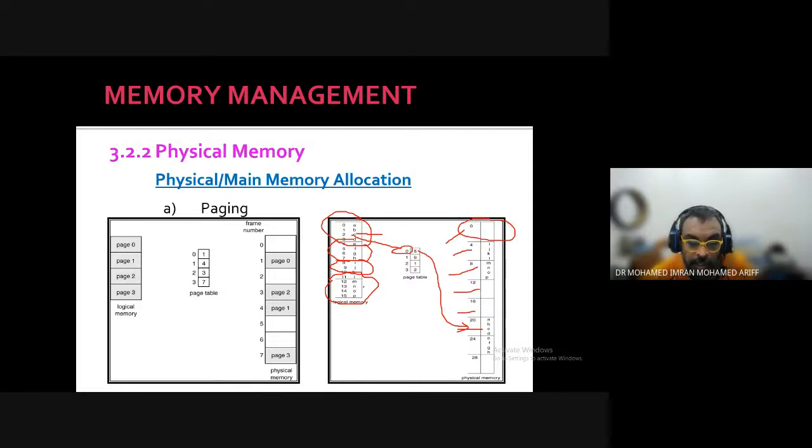Let's take the last one here. This is page number 3. Frame 2. 0, 1, 2. This one. Nampaklah? MNOP. Page 2, frame 1. This one. Okay, that is how we look at it.